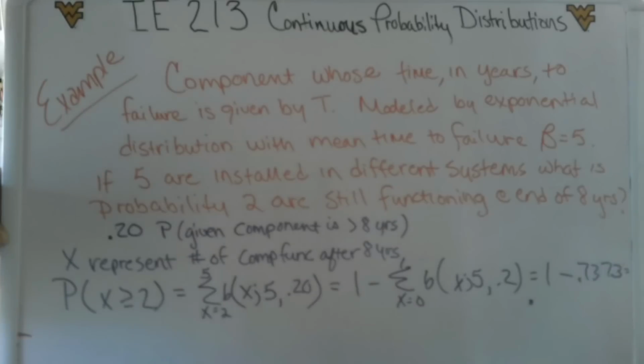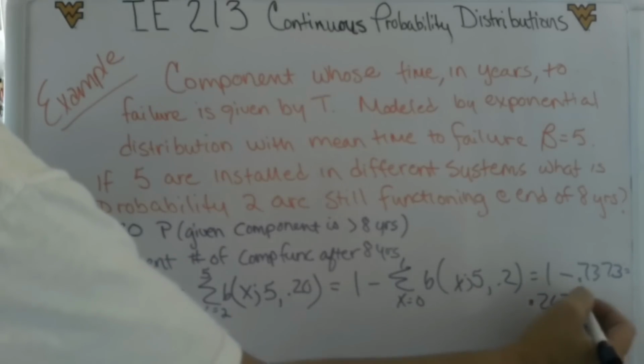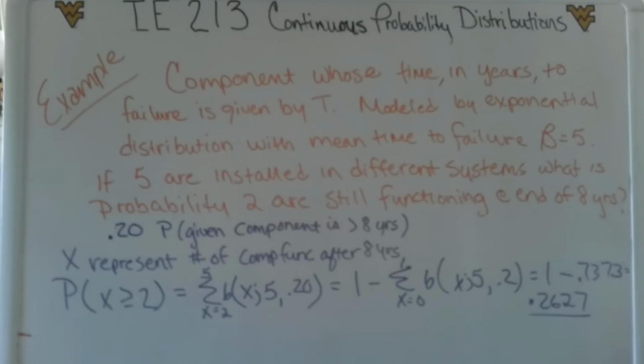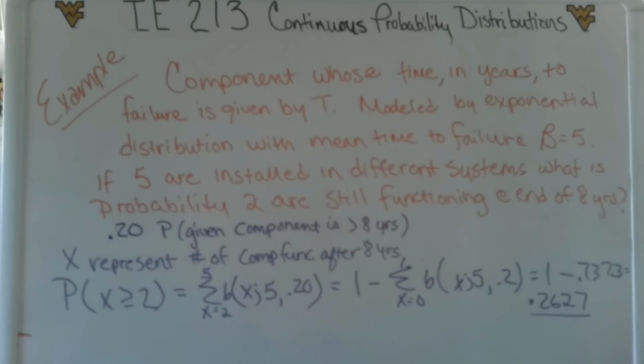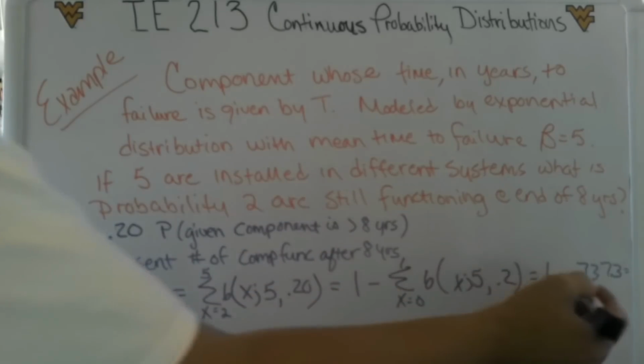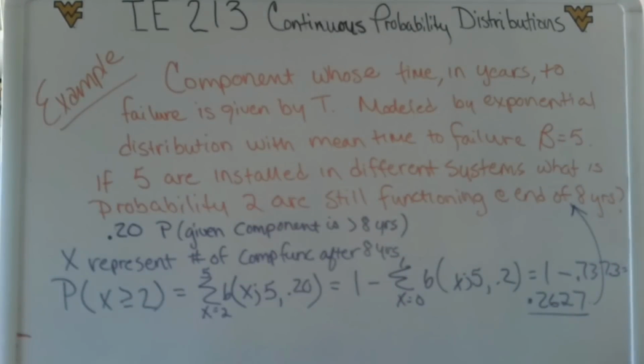We subtract that from 1, and so the probability that at least 2 are still functioning at the end of 8 years is 0.2627, based on the binomial table with 5 components and probability of success 0.20.